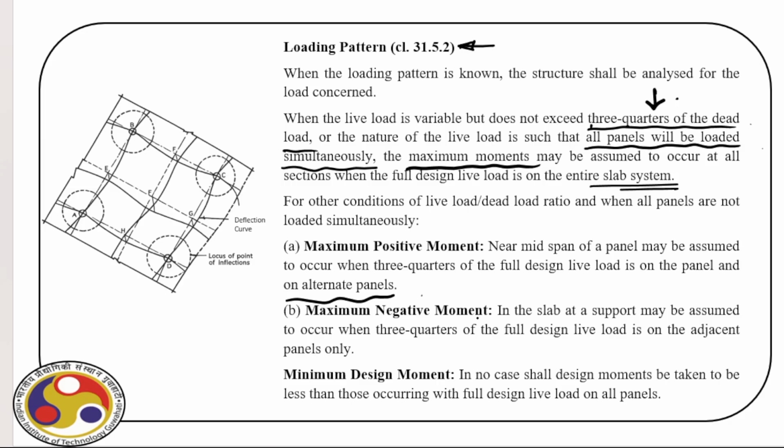Then maximum negative moment in the slab at the support may be assumed to occur when 3/4 of the full design live load is on the adjacent panels only. Then the minimum design moment option: in no case shall design moment be taken to be less than those occurring with full design live load on the panel. This is important.